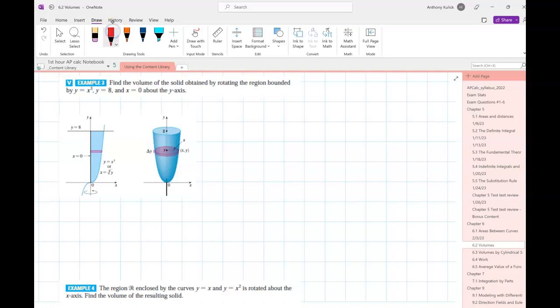All right, let's do another one. So it says, find the volume of the solid obtained by rotating the region bounded by y equals x cubed and y equals 8 and x equals 0 about the y-axis. So that's our shape on the left, right? As I've bounded it by x equals 0, that's the y-axis.